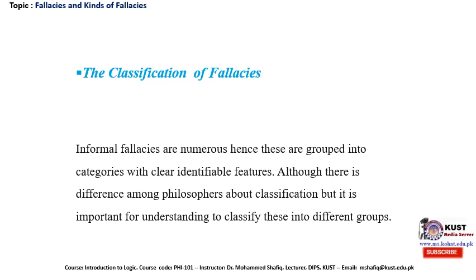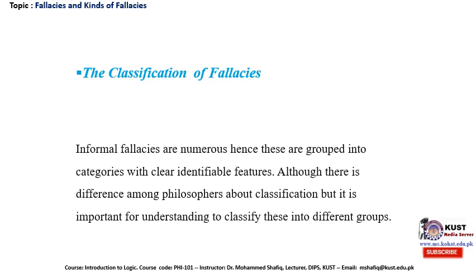But still, they have proposed lists of fallacies that vary greatly in length. Different sets have been specified, and different names have been given to these fallacies. But the important classes which have been identified by these different philosophers and logicians are as follows.